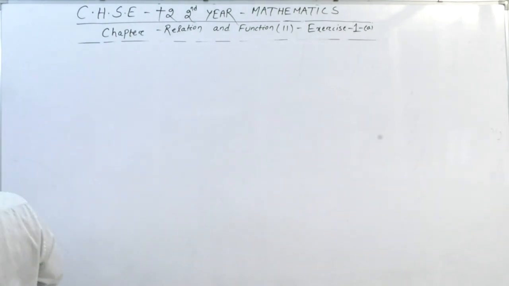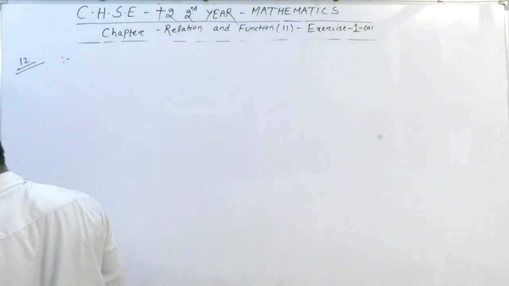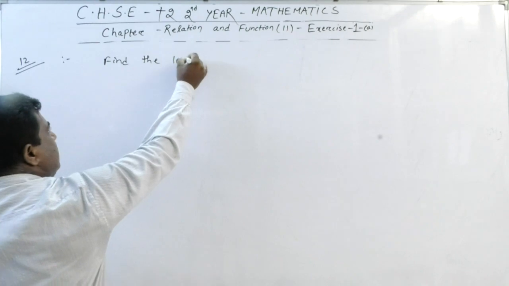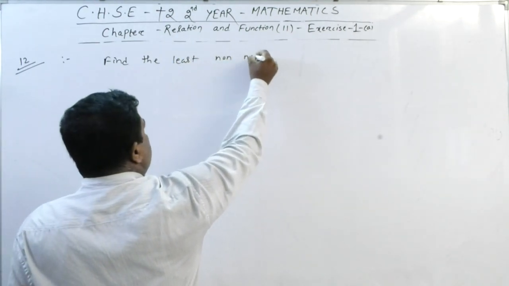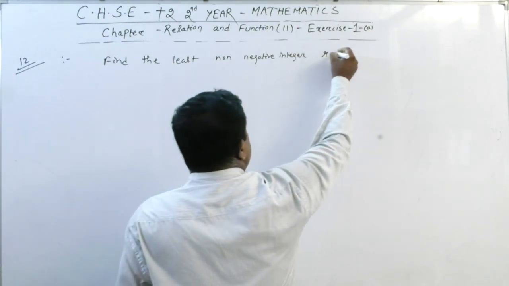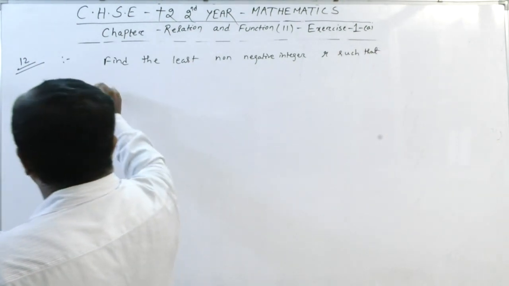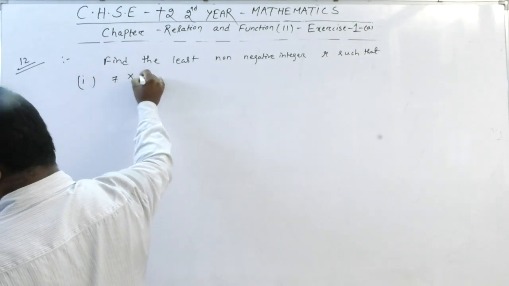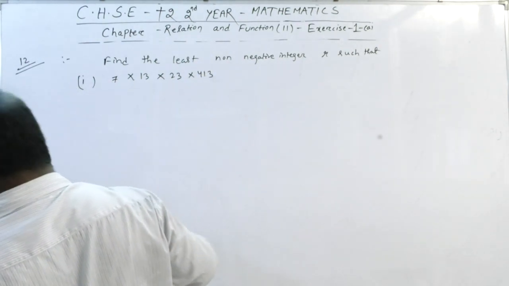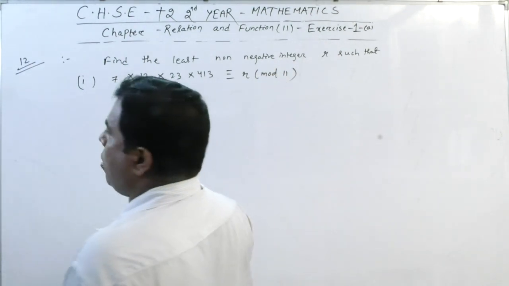The next question is: find the least non-negative integer r such that 7 into 13 into 23 into 413 is congruent to r modulo 11. So how can you solve the question, my dear students?